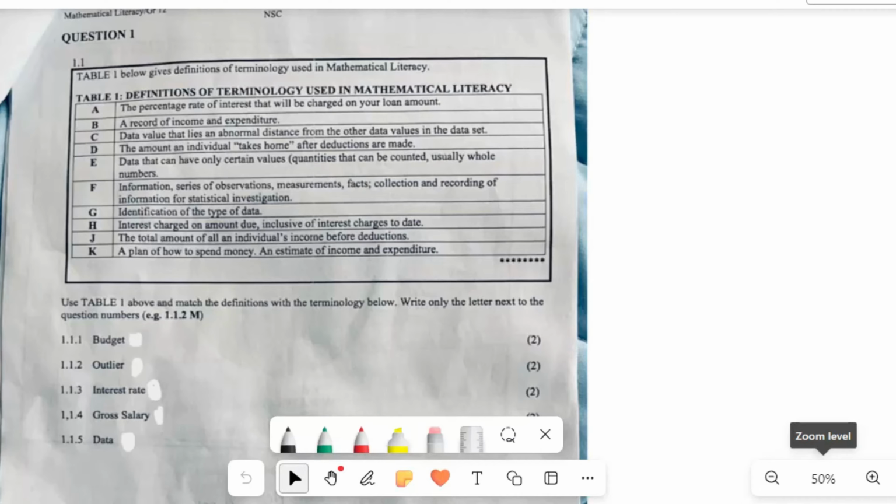Just think about it. B, a record of income and expenditure. C, data value that lies an abnormal distance from the other data values in the data set. D, the amount an individual takes home after deductions are made.